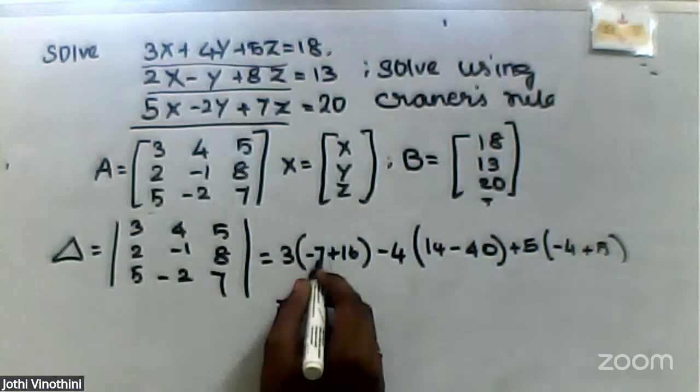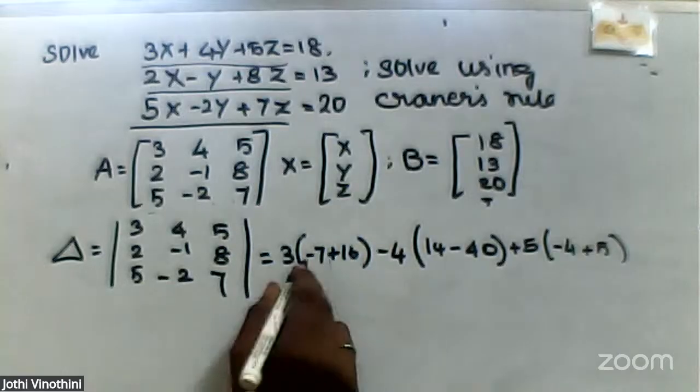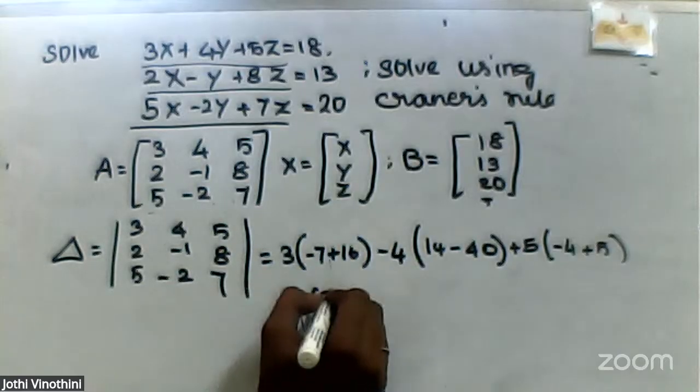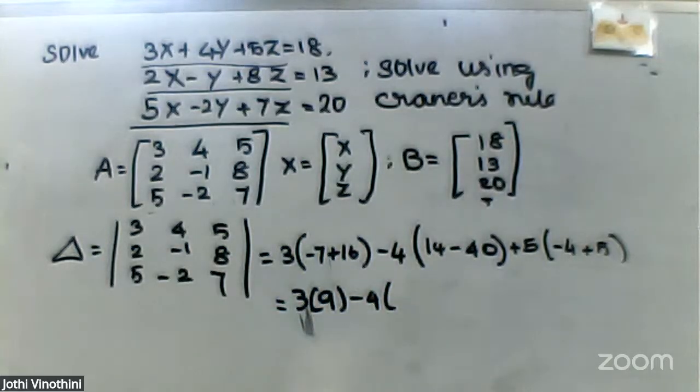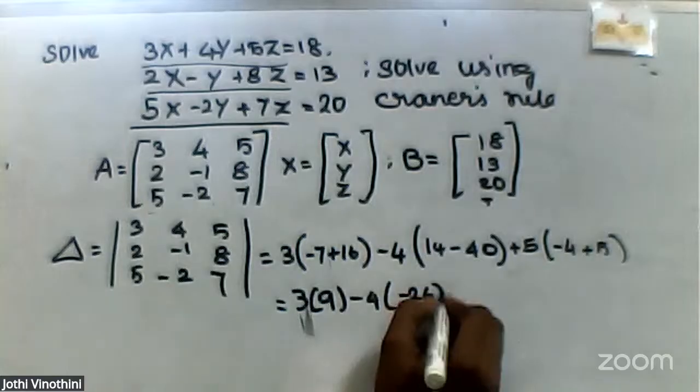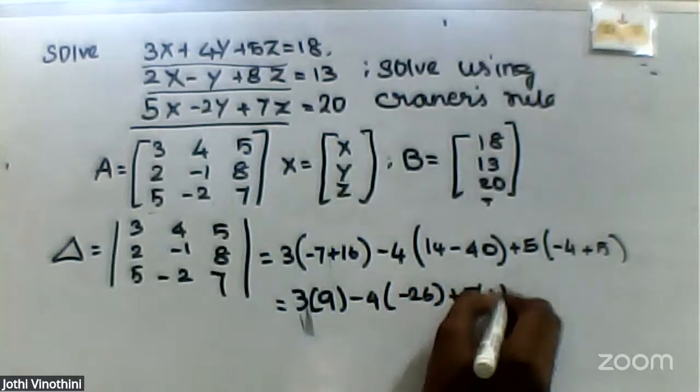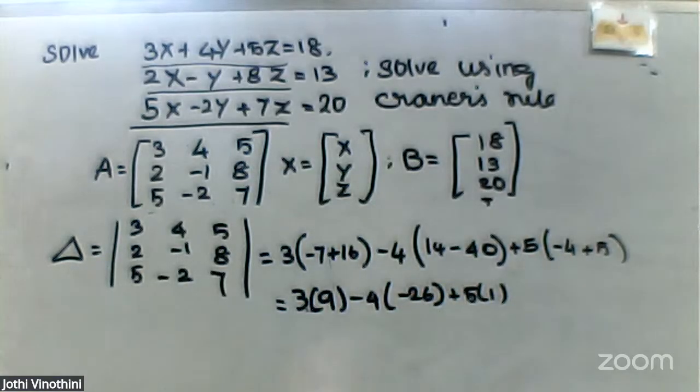So 3 multiplied by minus 7 plus 16 is 9 minus 4. 14 minus 40 is minus 26, which again plus 5 multiplied by 1. Clear? Clear.